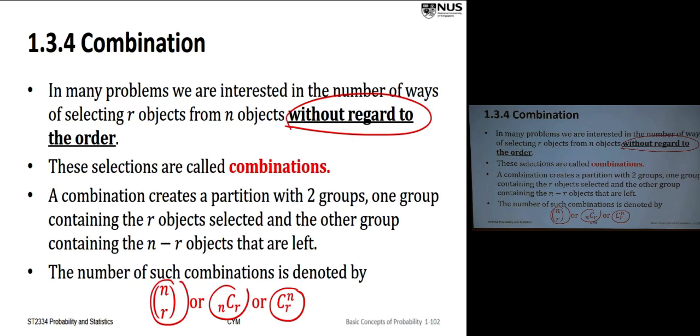Now you select, you don't have to arrange them. So it's not a permutation. This means that you choose R objects out of N objects, or sometimes write it in this way. These two are more popular ways to represent a combination.